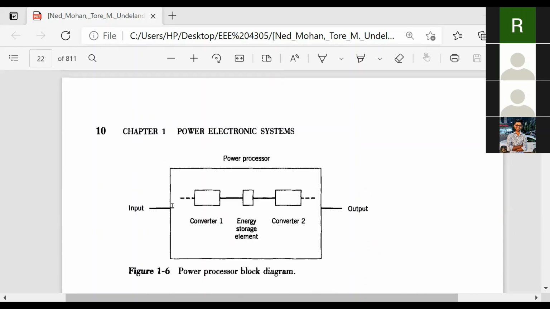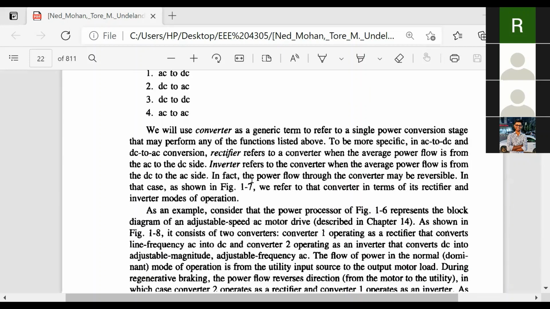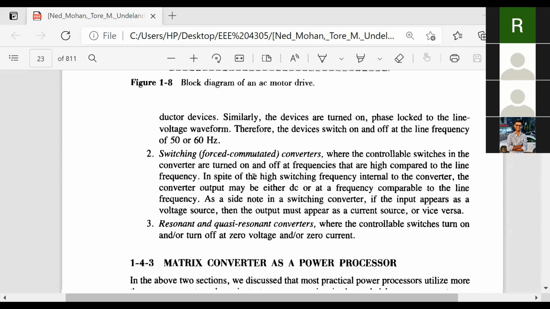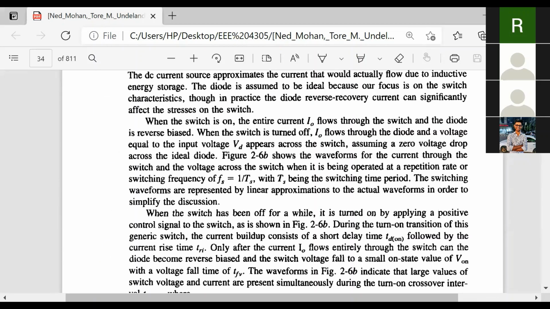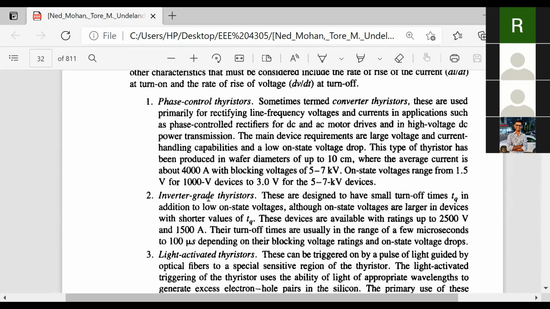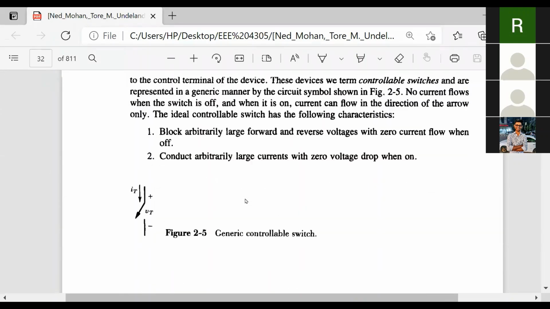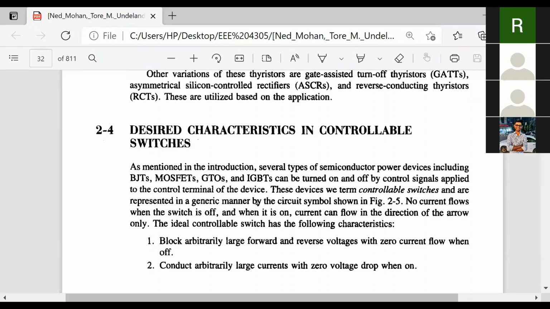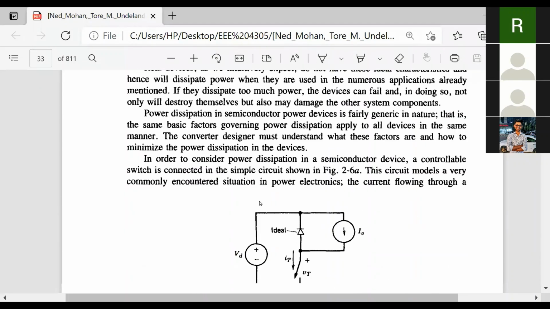So they mentioned some of the power converters. I have already mentioned AC to DC, DC to AC, DC to DC, AC to AC. We'll cover all these things, inshallah. Next class we shall directly start with the switch. What will be the desirable characteristics of a switch like BJT, MOSFET, or JFET?